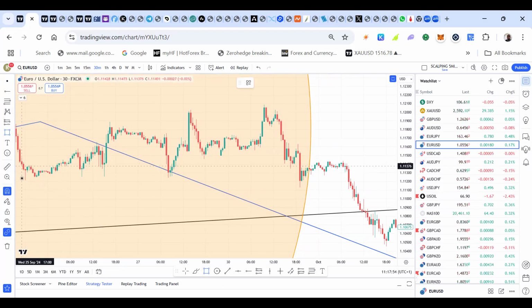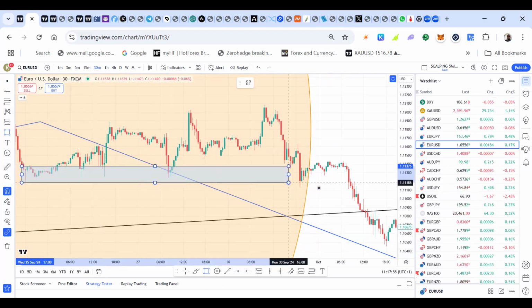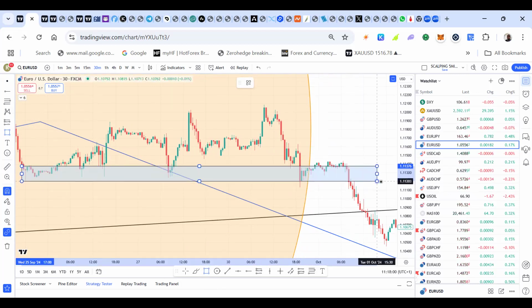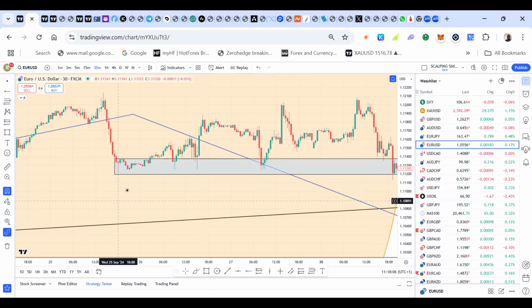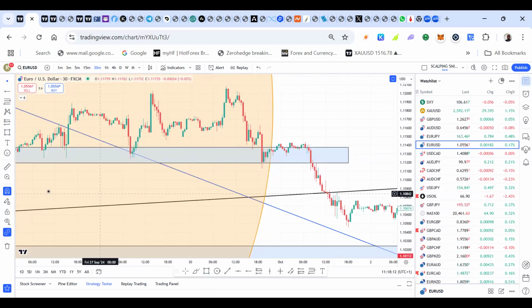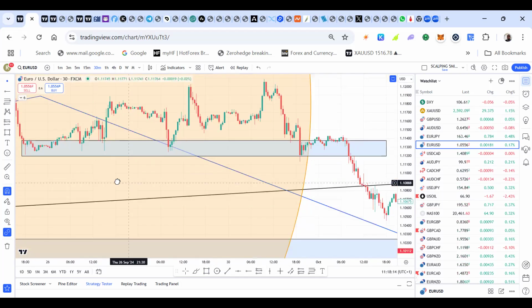Now that you have seen something upstairs, you came downstairs and you mark this as a zone. Now, there has been rejection, and this has actually been the point where the candles are rejecting from, okay? The candles have been rejecting from here.